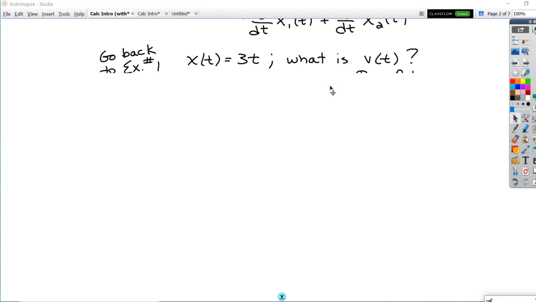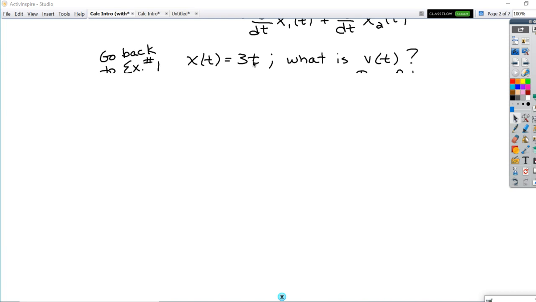What is the velocity function? Well, again, we could say that this object has a constant velocity. How do I know? Because it's a linear function. It's the slope times time. So the velocity is not really a function, it's a constant. It's a number. So it just has the value 3 the entire time.